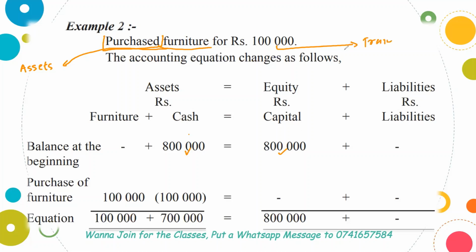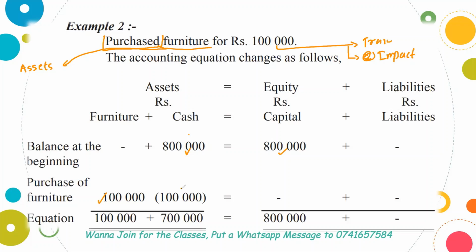So like I said earlier and always repeat, there should be two impacts. Always think about it, otherwise someone can get confused: we bought furniture, so only the furniture asset will increase, and forget to reduce the cash asset.